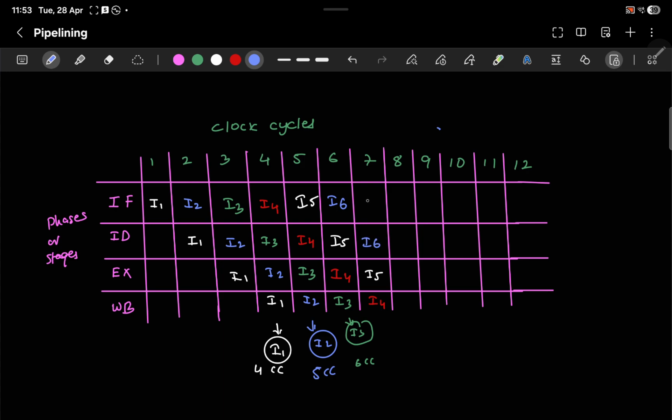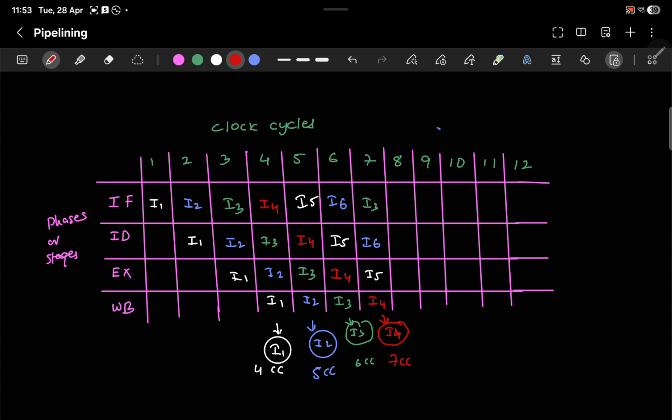And here itself you can fetch one more instruction.